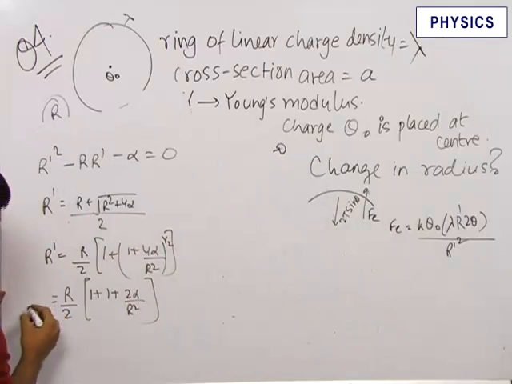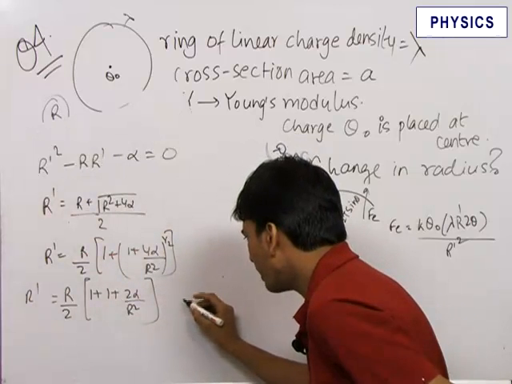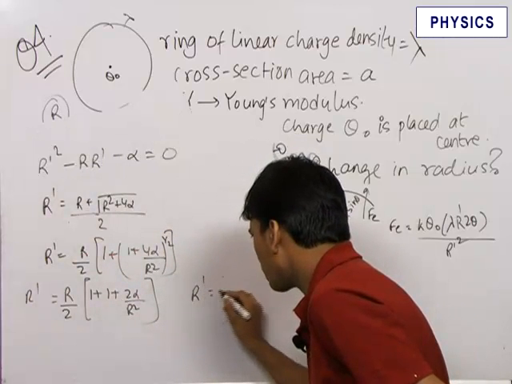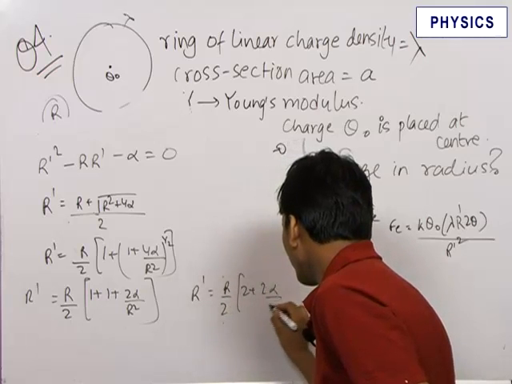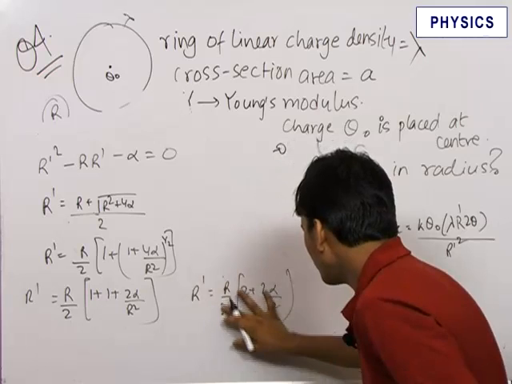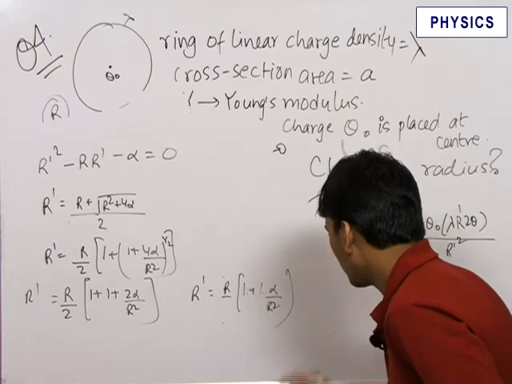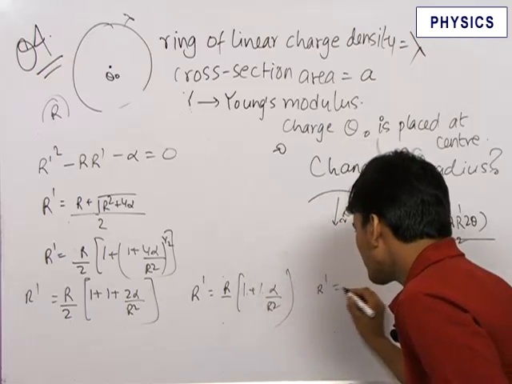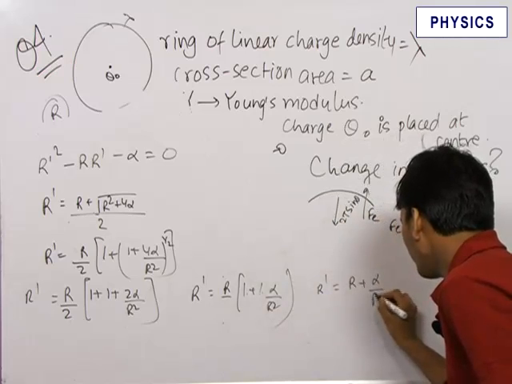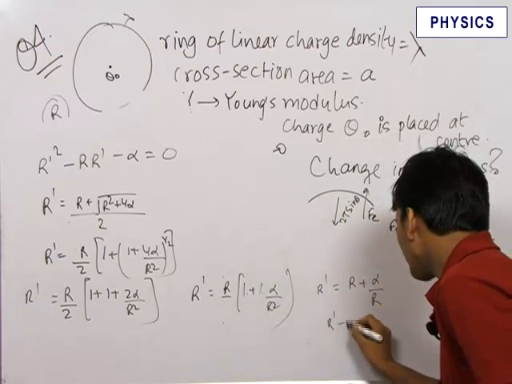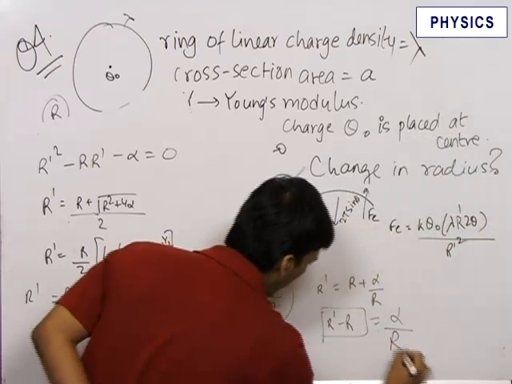Now, the value of r dash comes out to be r by 2 into 2 plus 2 alpha upon r square. We remove the 2 to get r dash is equal to r plus alpha upon r. So r dash minus r, that is the change in radius which we require, comes out to be equal to alpha upon r.